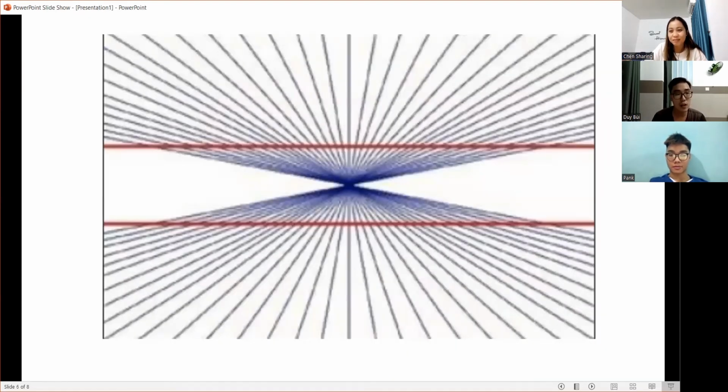The next picture is the Hering illusion. Do you see the two red lines appear curved? In fact, these two red lines are parallel to each other. Our brain is structured in a way that shapes our vision, giving our eyes the feeling that we are heading towards a central point.